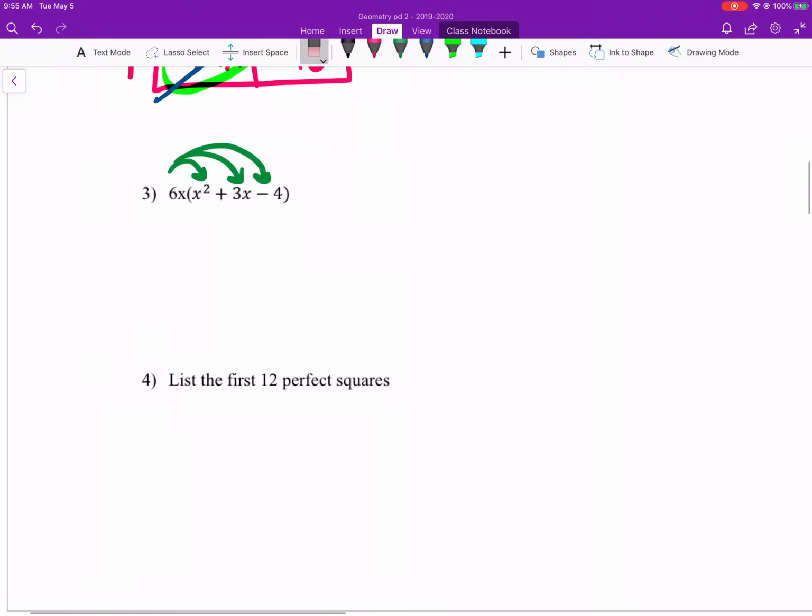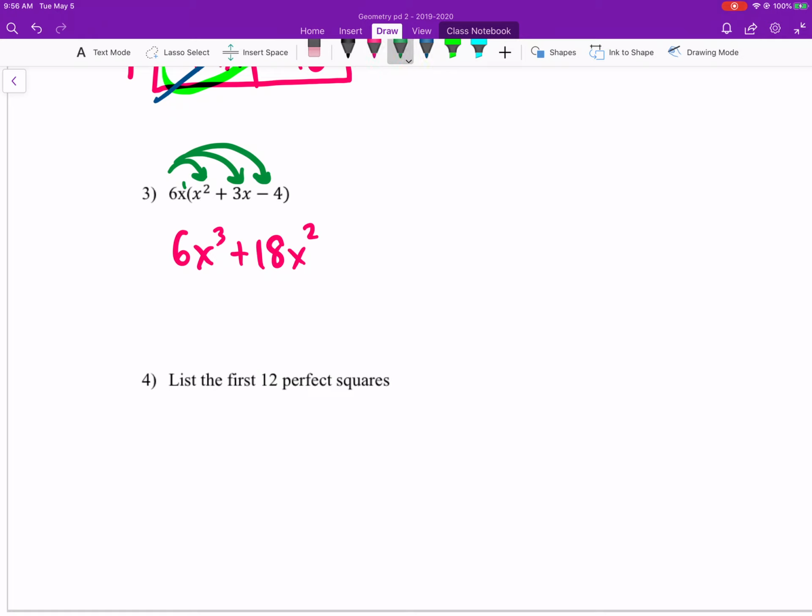All right, but anyway, so 6x times x squared is 6x to the third power. Once again, remember that's an exponent of 1 for that 6x. 1 plus 2 is 3. All right, next, 6x times 3x is 18 positive, right? 18x to the second power.